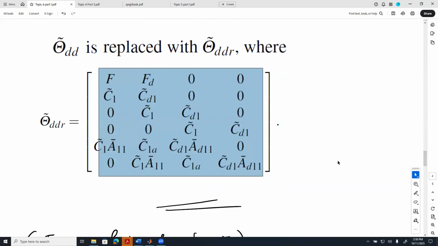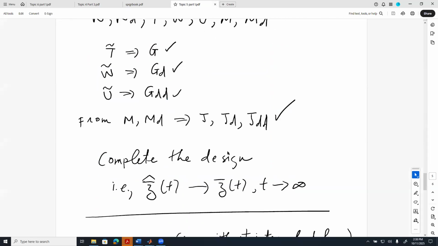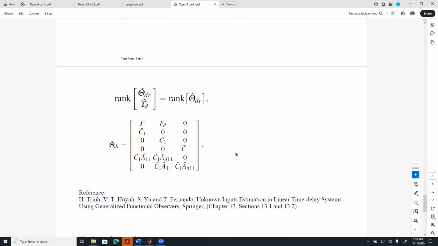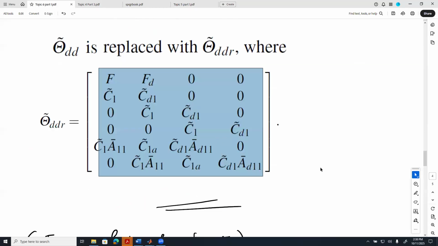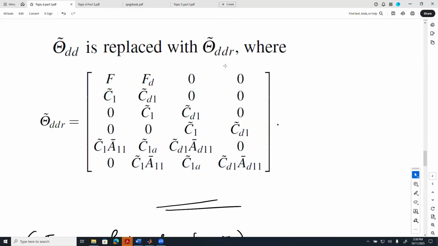In the previous condition, we had only 3 times n minus 1 columns. Here we have 4 times n minus 1 columns. Every column block here has n minus 1 columns.